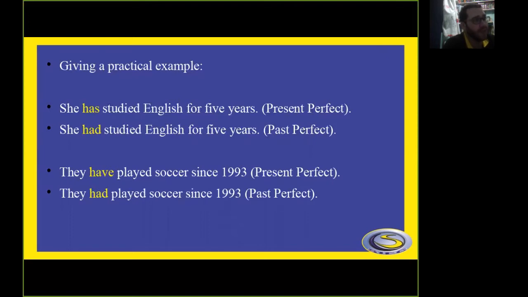She has studied English for 5 years, present perfect. In the past perfect, we use had. She had studied English for 5 years. This is the only difference in the structure, in the grammar, between the present perfect and the past perfect.